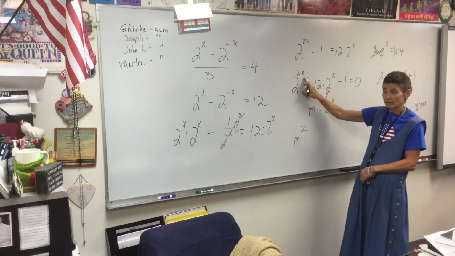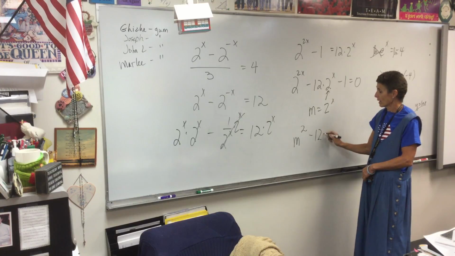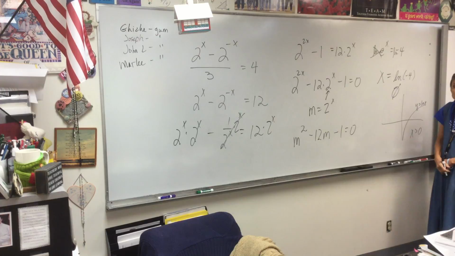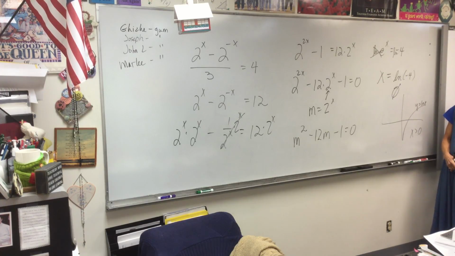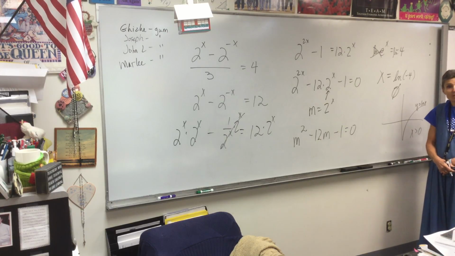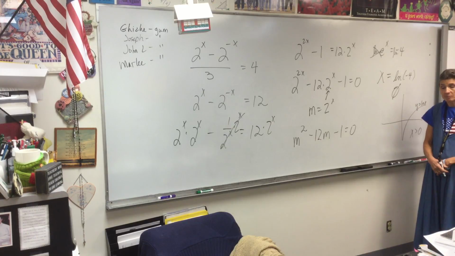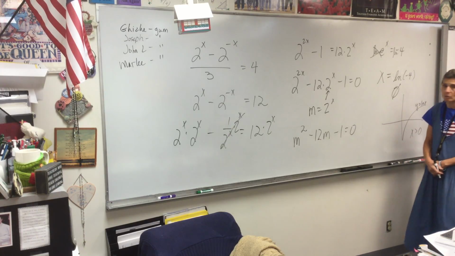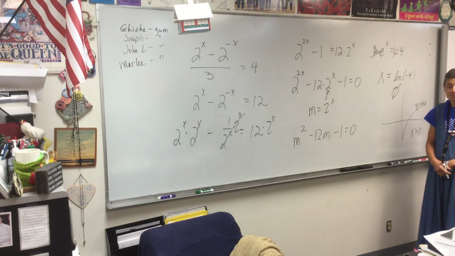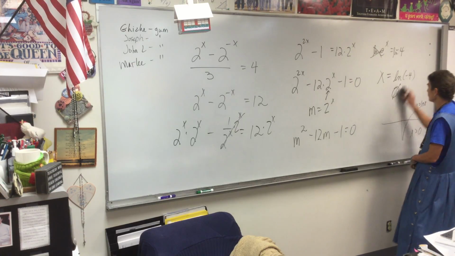So I have m squared minus 12m minus 1. What kind of an equation is that? Well, that's a quadratic equation. Oh, crud. It doesn't factor. So I'm going to have to do my quadratic formula.